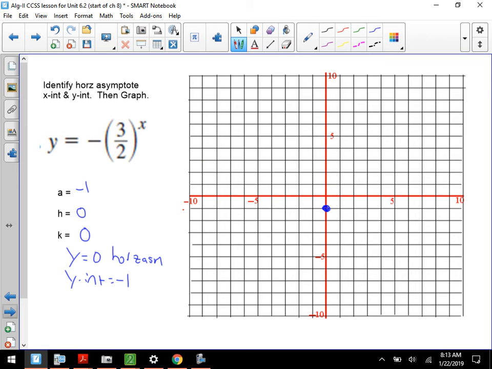Well, if I use -2, 3/2 to the -2 means I'm flipping the fraction and squaring it. 4/9. Multiply that by -1, you get -4/9, sorry. Okay? So if it's at -2, we flip it, square it, and multiply it by -1. If it's at -1, I flip it, I get 2/3, and I multiply it by -1, and I get -2/3.